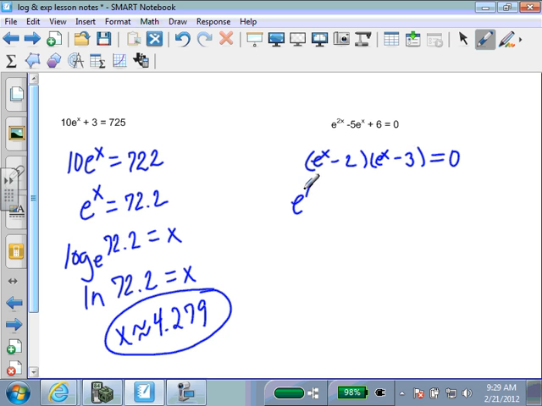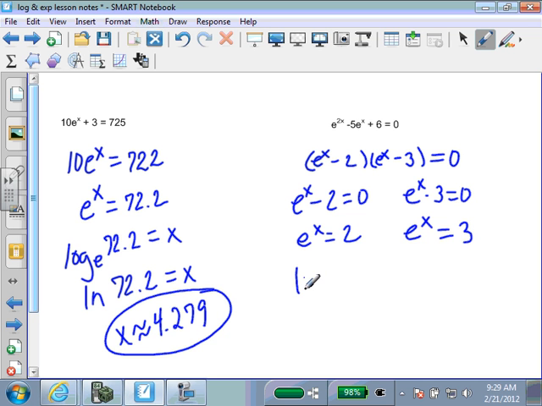So then I get e to the x minus 2 equals 0, and e to the x minus 3 equals 0. So e to the x equals 2, or e to the x equals 3. So log base e, so natural log of 2 equals x. Log base e of 3, so natural log of 3 equals x.